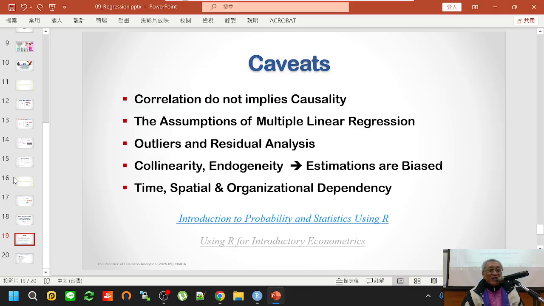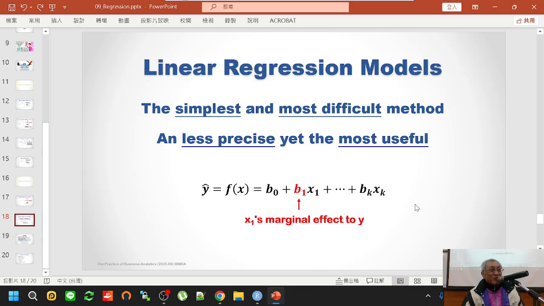So yes, linear regression looks simple, right? But to estimate this coefficient correctly is quite difficult. But unfortunately, in our course, we do not care too much about the correctness of this coefficient, okay? Because we only want to predict the value of Y, right?